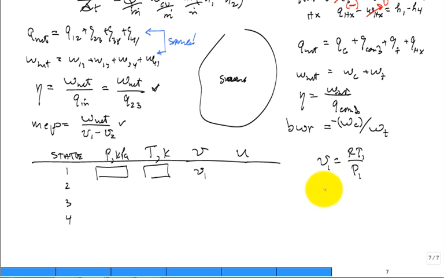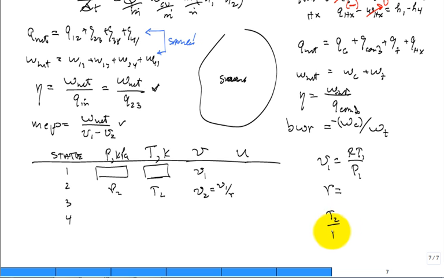And then usually they give you the compression ratio. So what is V2 equal to? V1 over R. And then how do I calculate maybe T2 and P2? There's a number of ways to do it. Maybe you want to use that isentropic expression with constant specific heats.